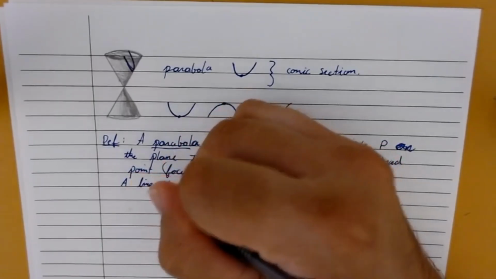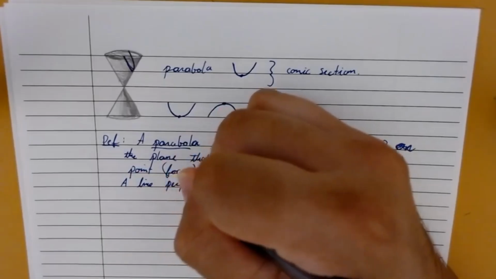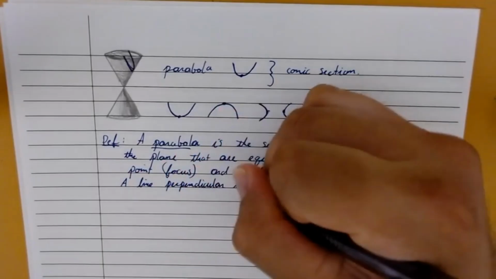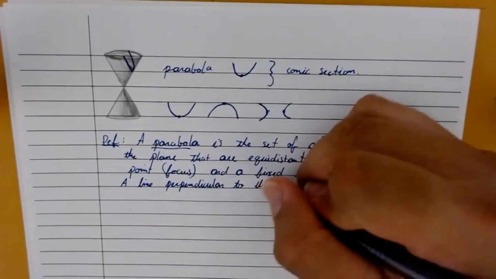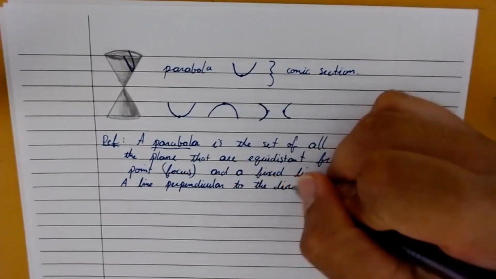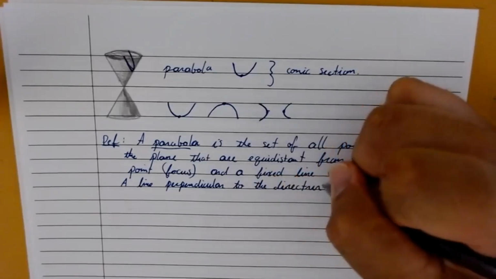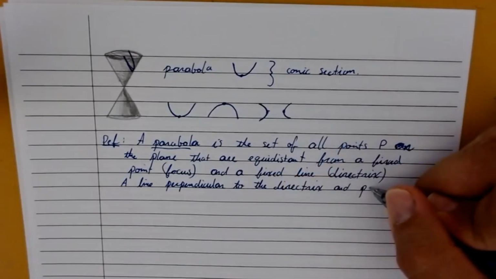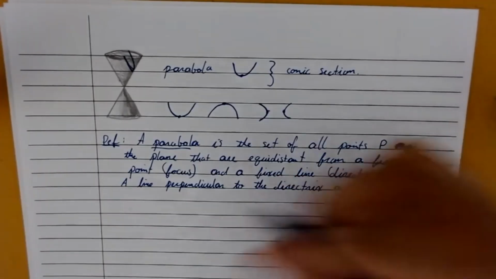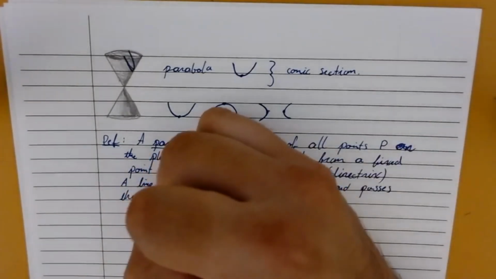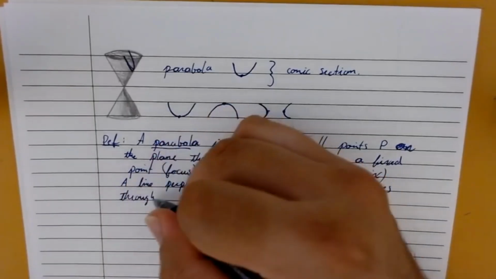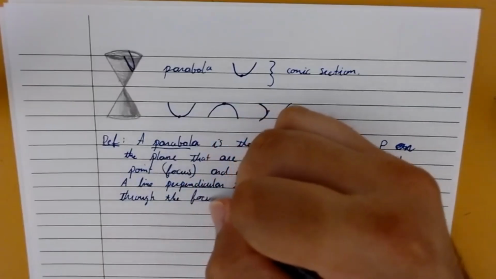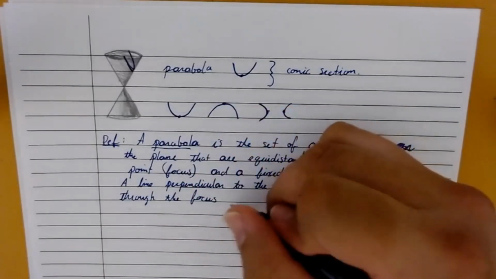A line that is perpendicular to the directrix and passes through the focus is called the axis of symmetry.